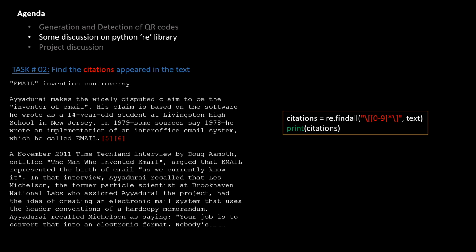So you can actually detect references with any large reference number, like it can be 1, it can be 100, it can be 1000, or it can be 9944, anything like that. So this single line is able to do that, and all these citations can be printed as a list.